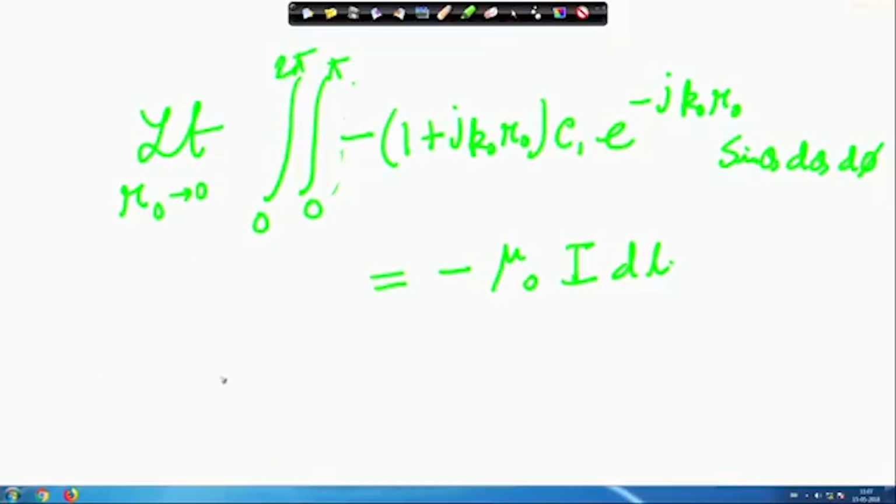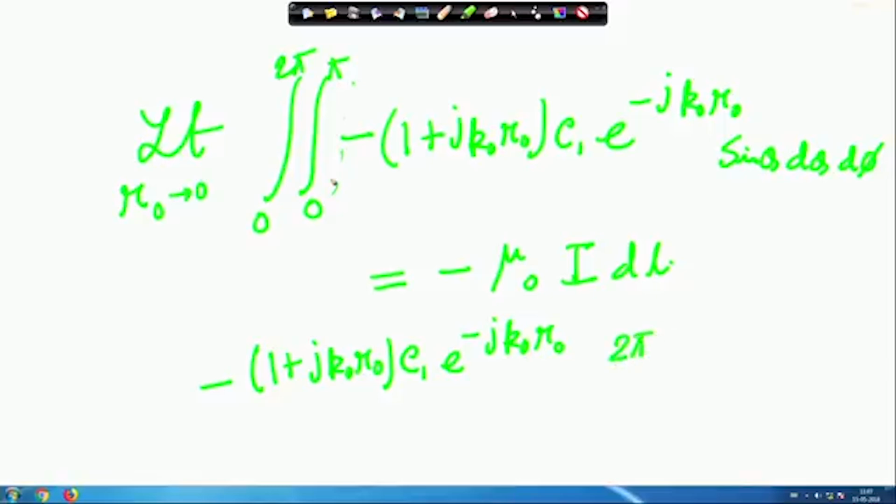So, this one then will become minus 1 plus j k naught r naught C1 e to the power minus j k naught r naught, and due to integration there will be 0 to 2 pi, and 0 to pi sin theta d theta is another 2. So, 4 pi into this. Now, this is equal to minus mu naught I dl, but here is a limit, r naught goes to 0.